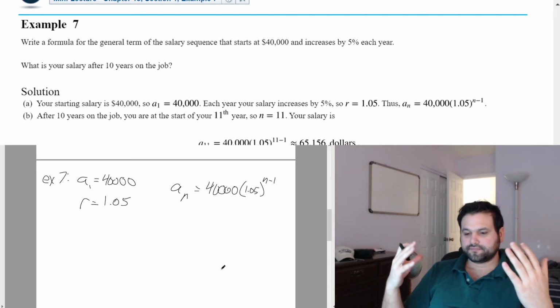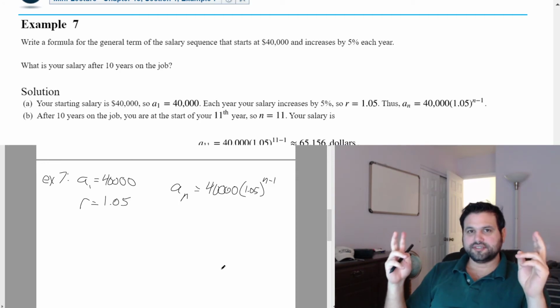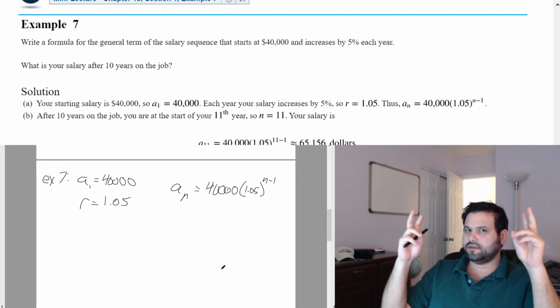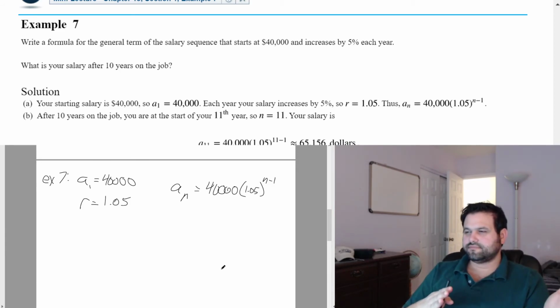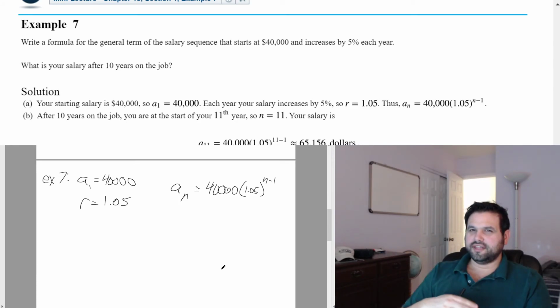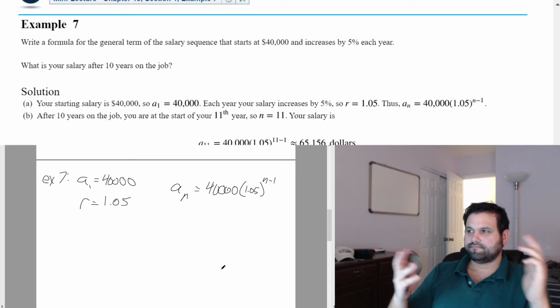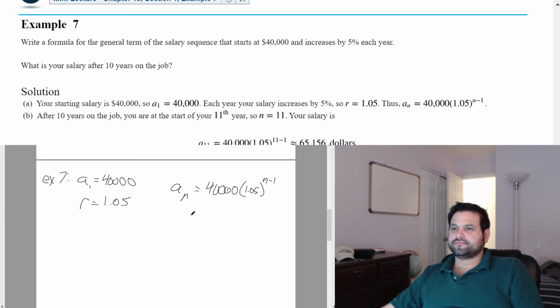Because the first term is essentially considered the 0th year, which is kind of strange. So if I'm looking for the 10th year, I'm actually looking for the 11th term. It's kind of strange there, but it works. So we're looking for a sub 11.